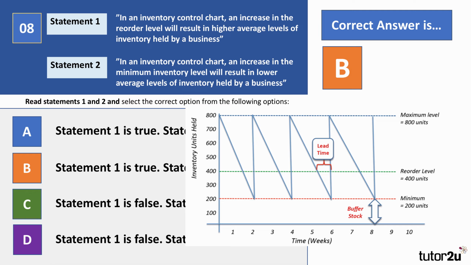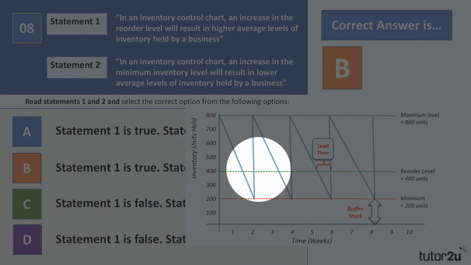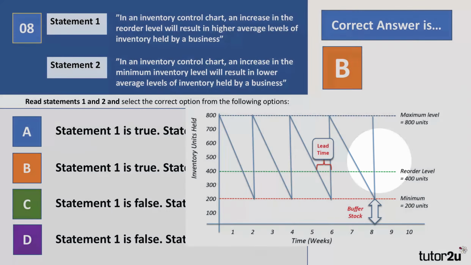So statement 1, if we increase the reorder level, let's show that on the screen here, the reorder level, if that increases, that means that we will reorder at a higher level, which means that we're going to be wanting to hold more stock, more inventory units for each product. So therefore, yes, that should result in higher levels of inventory.